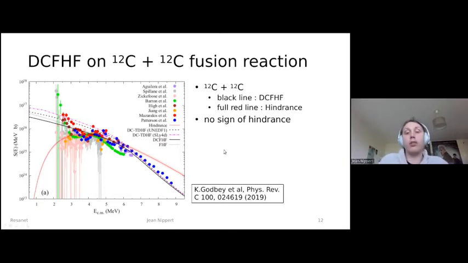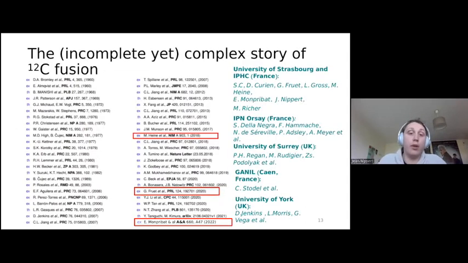The density constrained frozen Hartree-Fock theory doesn't see hindrance in the carbon-12 plus carbon-12 fusion reaction. But there is still a lot of debate for this particular system, and you can see it with the amount of publications on this subject, theoretical and experimental, over the last 20 years. So you see it's really a challenge to understand from a theoretical and experimental point of view, and this is why it's so exciting to measure such a reaction.